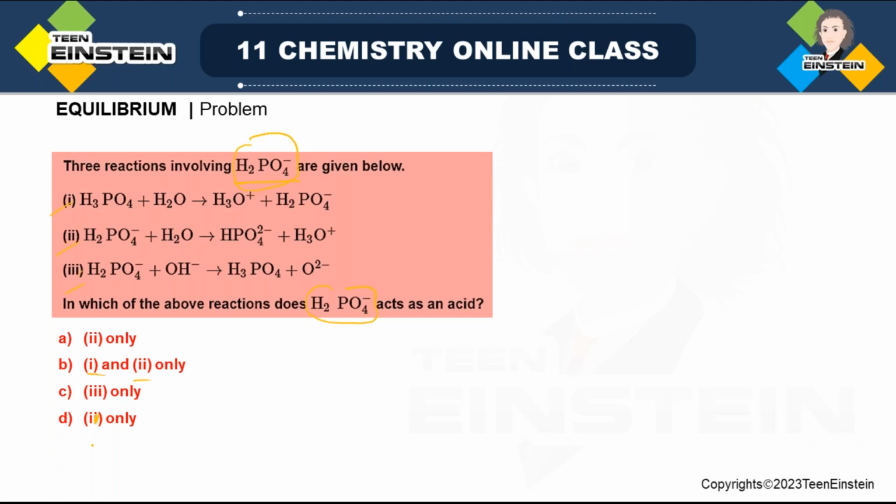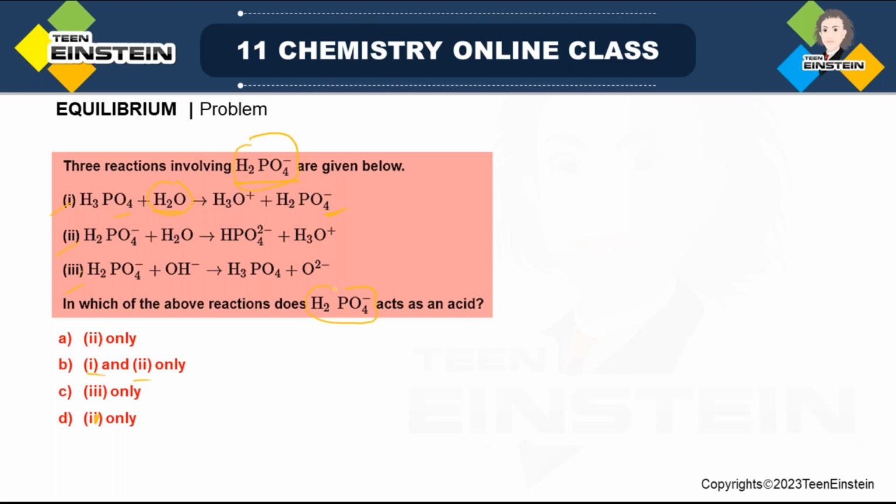Okay. So you just have to recognize in these 3 reactions which one is acid and which one is behaving as base. So H3PO4 is giving a proton to H2O, because H2O is accepting proton from H3PO4, right? So H3PO4 is giving proton and itself is becoming H2PO4 minus.